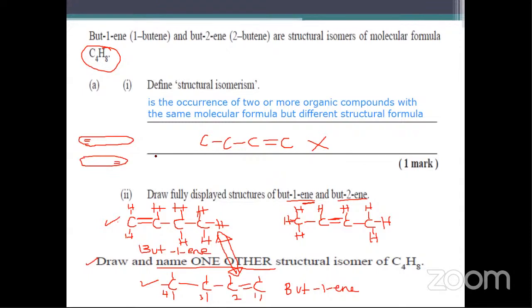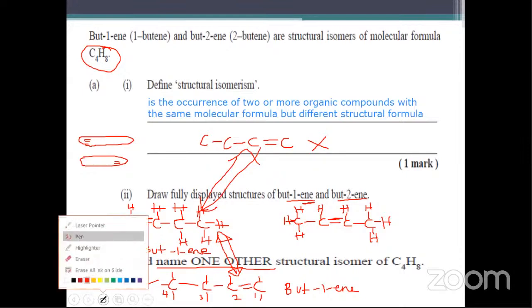You just flipped it around. The structural formula is not different. Are you with me? Yes, miss. So that is why this is wrong, because this and this is the exact same thing. So that's why it's incorrect.